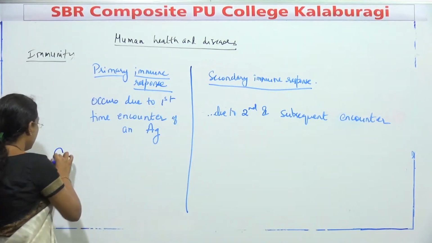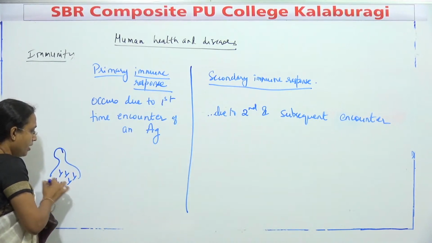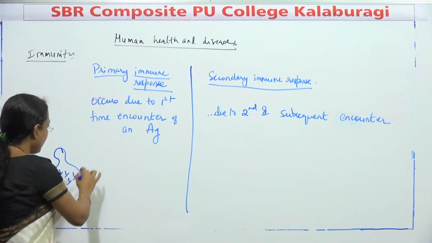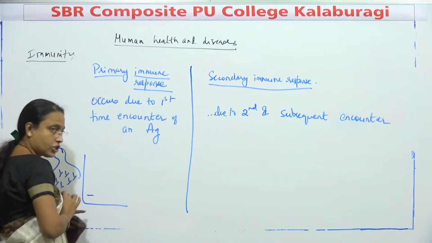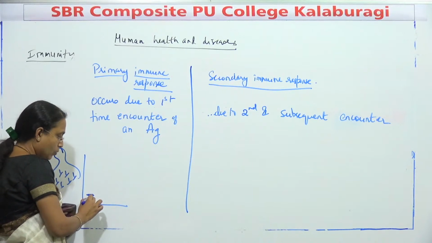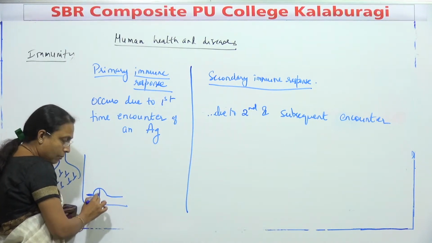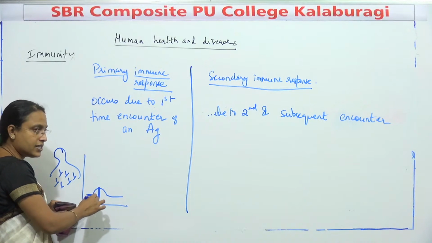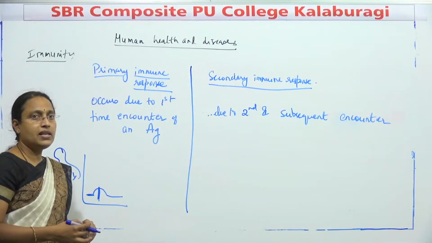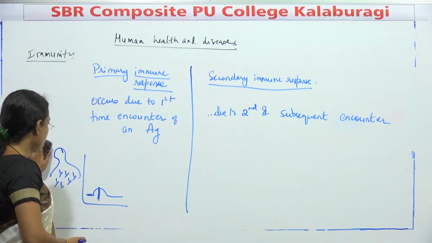Now, if antibodies are produced, they will reach a particular peak. For example, in this graphical representation, right now there is no antibody concentration, but once the response starts, the peak will form. How much time does it take to increase the concentration of antibody inside the person?